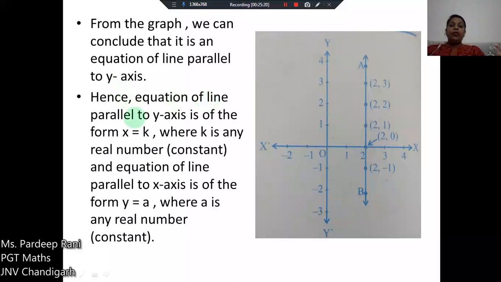Hence, the equation of a line parallel to y-axis is of the form x is equal to k, where k is any real number or we can say constant, and equation of the line parallel to x-axis is of the form y is equal to a, where a is any real number, that is we can say it as a constant.